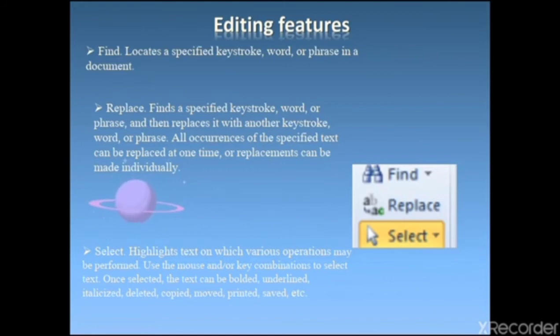Select highlights text on which various operations may be performed. Use the mouse or key combinations to select text. Once selected, the text can be bolded, underlined, italicized, deleted, copied, moved, printed, saved, etc.